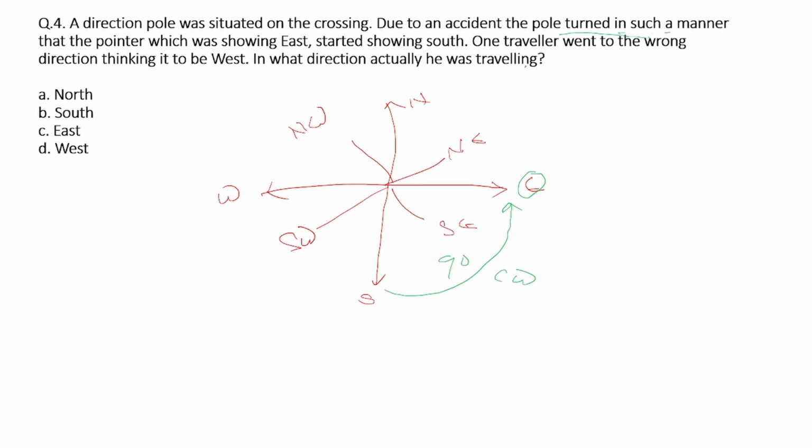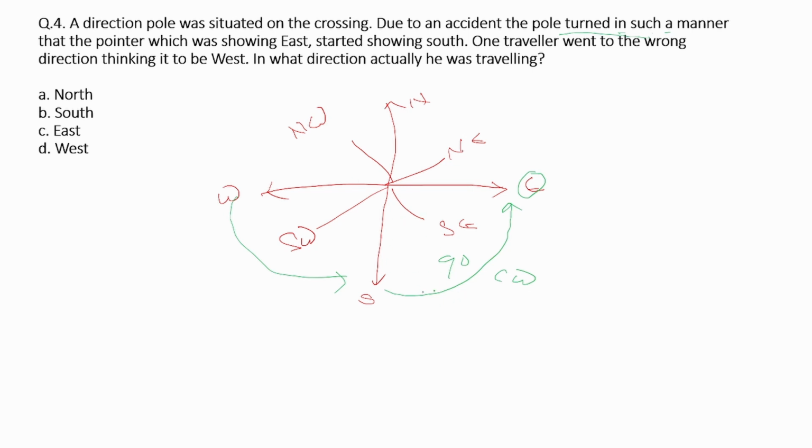Then the question says one traveler went in the wrong direction, thinking it to be west. In what direction is he actually traveling? So this direction will be moved to this one.